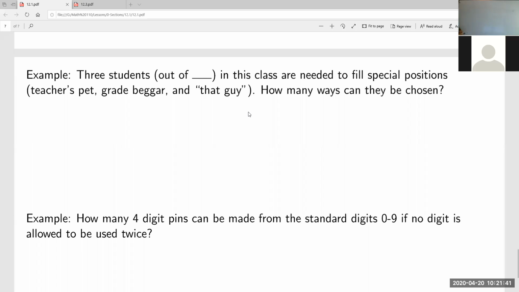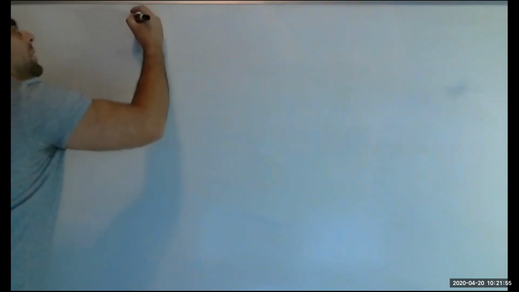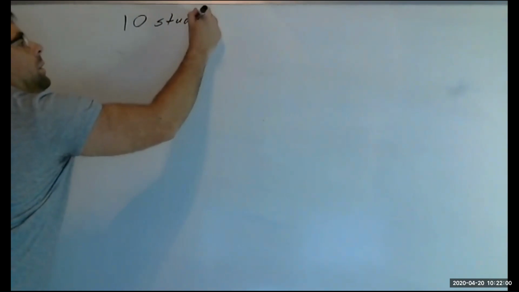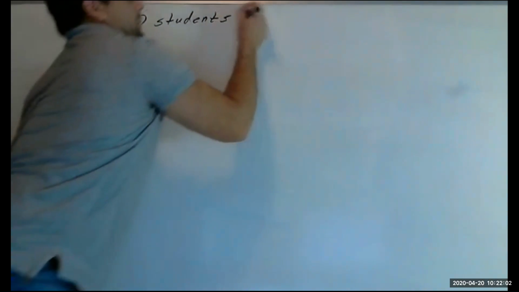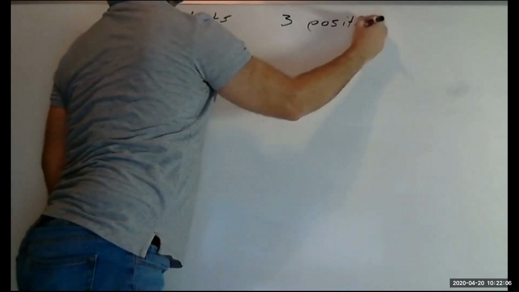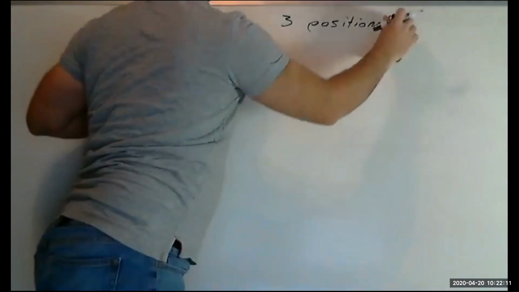So how many ways can they be chosen? Let's see, this one's a little bit different. So we have 10 students and 3 positions.